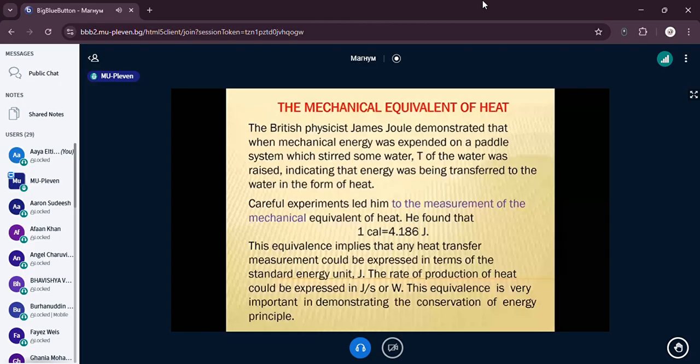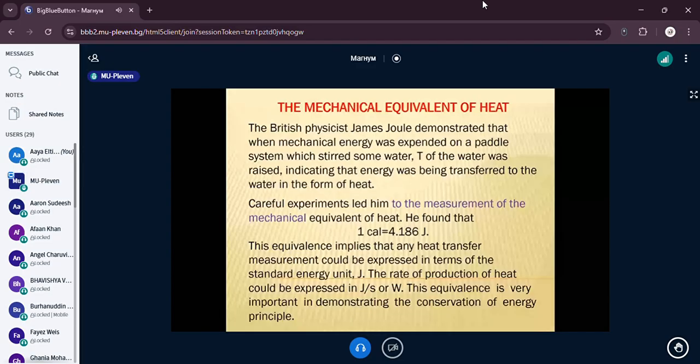So in this section, a conversion factor is introduced. I told you that especially in food chemistry and in calculations of energy content, the food calorie is the preferable unit of measure.